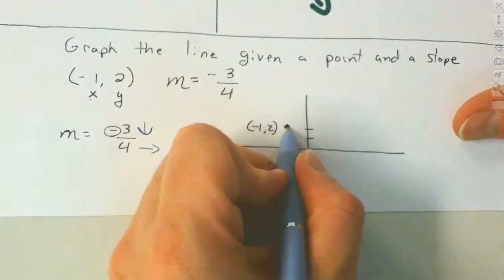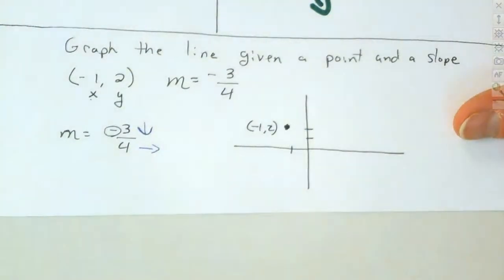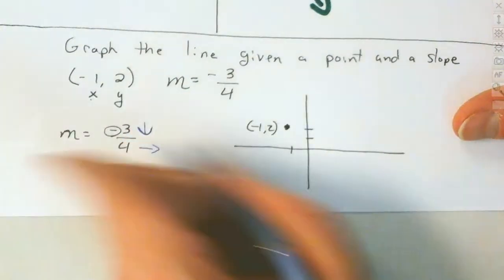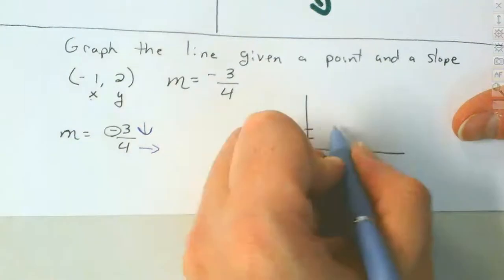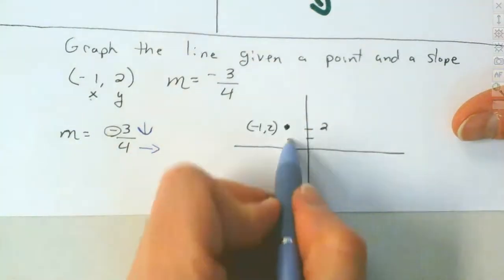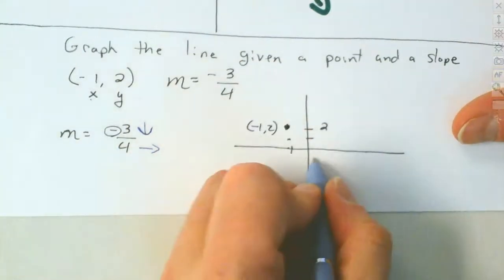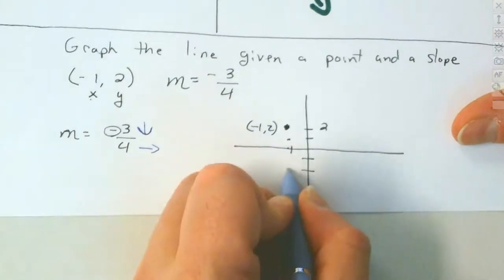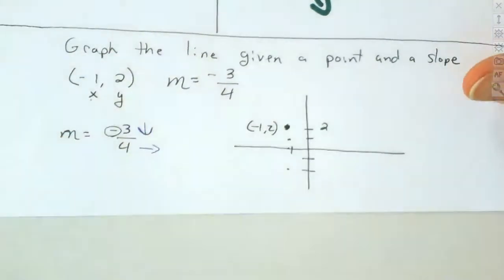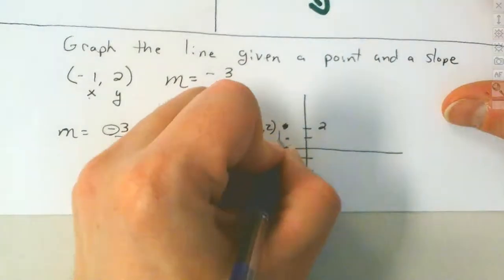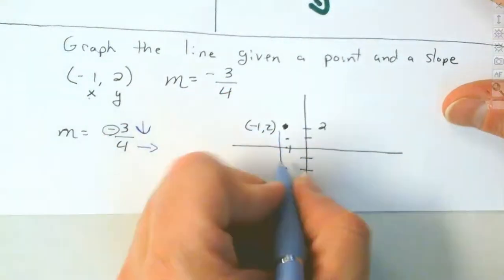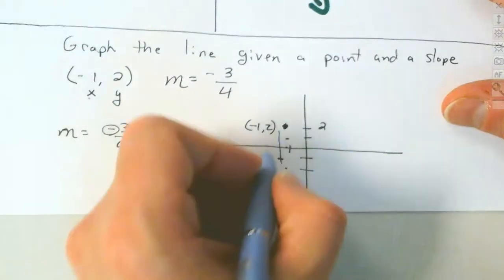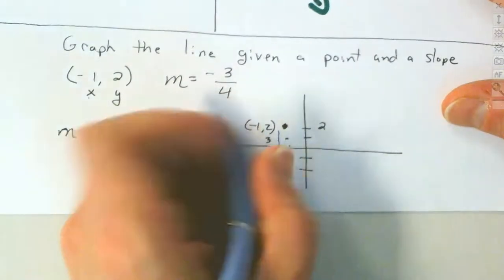So from this point right here, we're going to have to go down 3 units. Sorry, down 3, my mistake. Not 4, down 3. So we're going to go down 3.